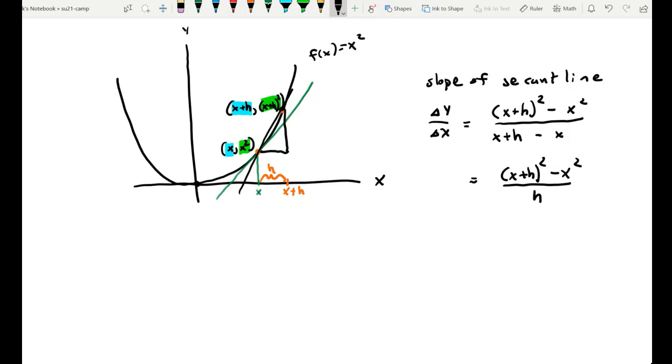Okay, so now if I want our point over here to approach this point, what kind of limit do we have to take in order to get the slope of the tangent line?